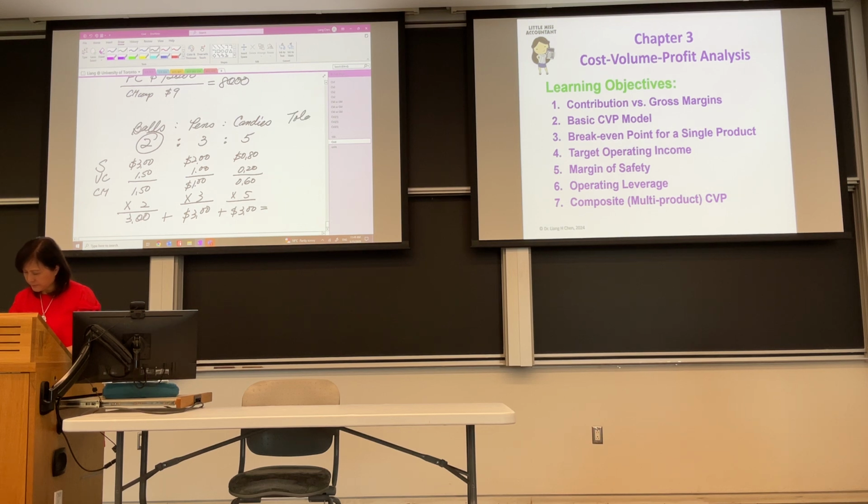So the total contribution margin composite is $9. But how about sales? No problem. Times 2, times 2, times 3, times 3, times 5, times 5. So this is $16... $7.